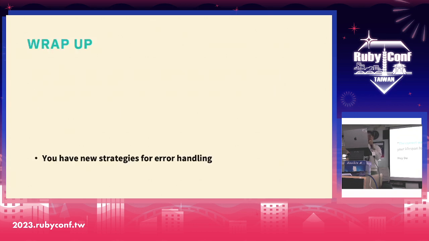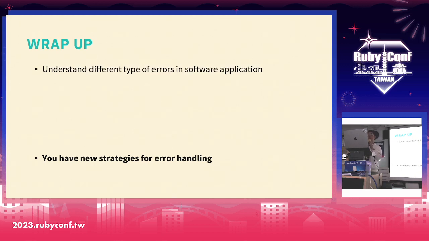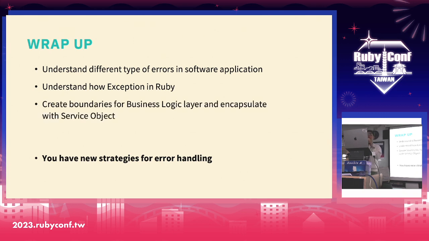Then to wrap up. Through this talk, we now have a new strategy for error handling, and we understand the different types of errors in a software application. We understand how exceptions work in Ruby, and we create a boundary for the business logic layer, and we encapsulate it through the service object using wrapping.